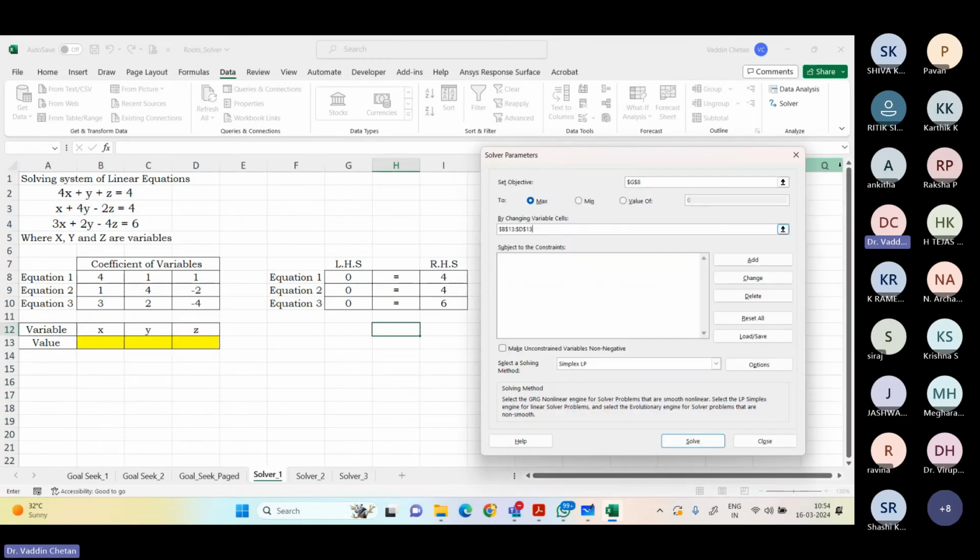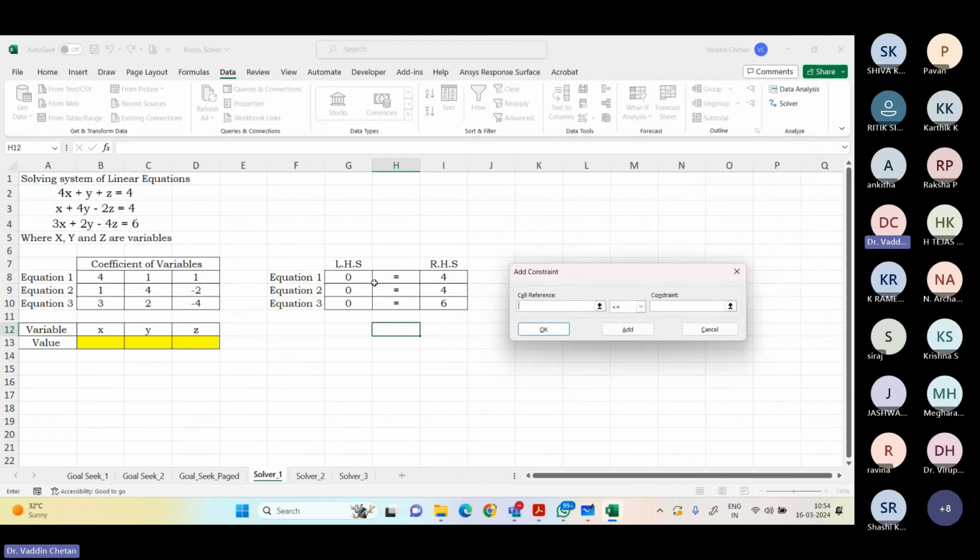Drop down, and subject to constraint. What is the constraint? My constraint is that the value of this LHS should be equal to the value of RHS. I will add similarly the value of this equation 2 should be equal to the value of this RHS.